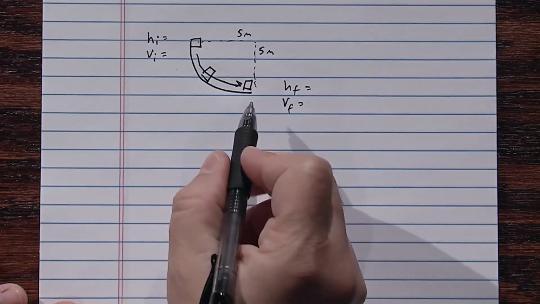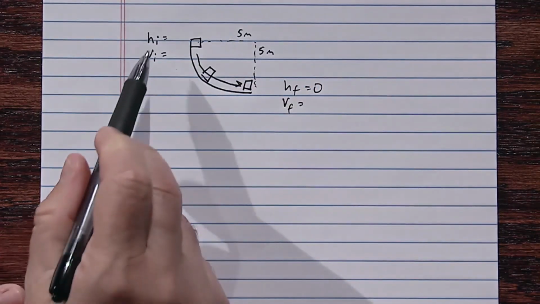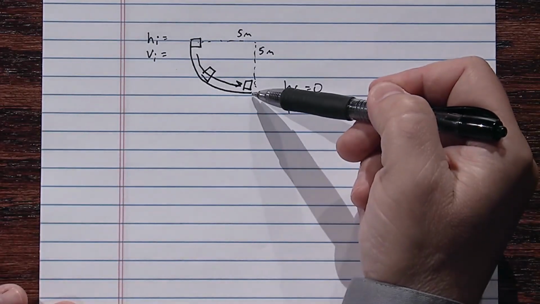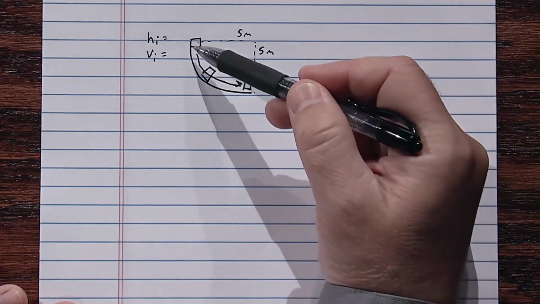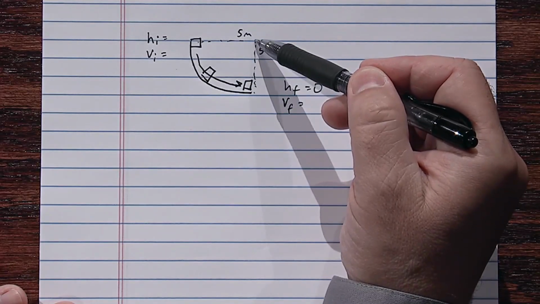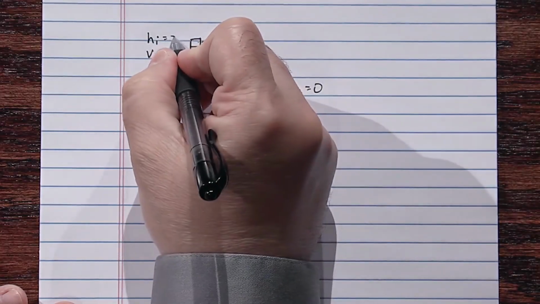Well, if we call the bottom to be height equal to 0, then that would make the top 5 meters, because the radius of this pipe is 5 meters, so he was initially 5 meters above the bottom. So it would be 5.